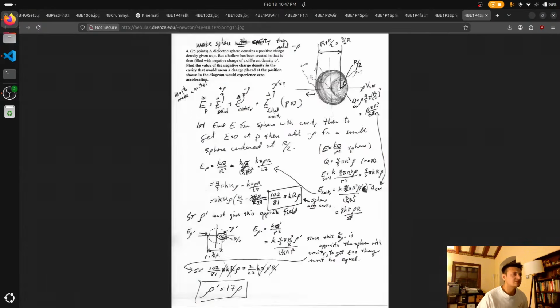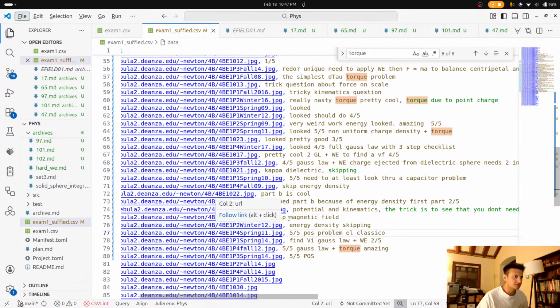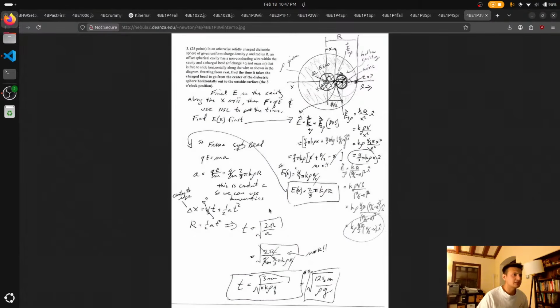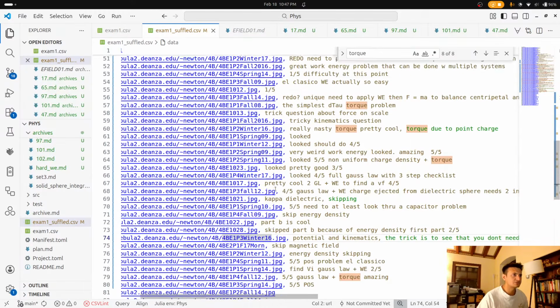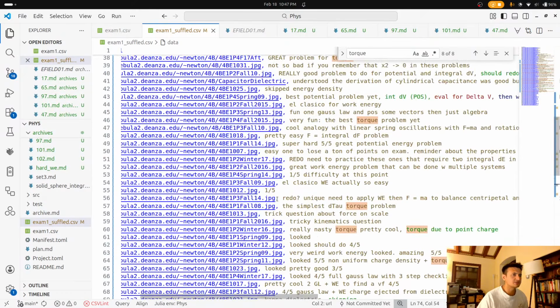Wait, what is this one? Let's just go through them all. That's the bead one. Where's the one that says do with vectors?